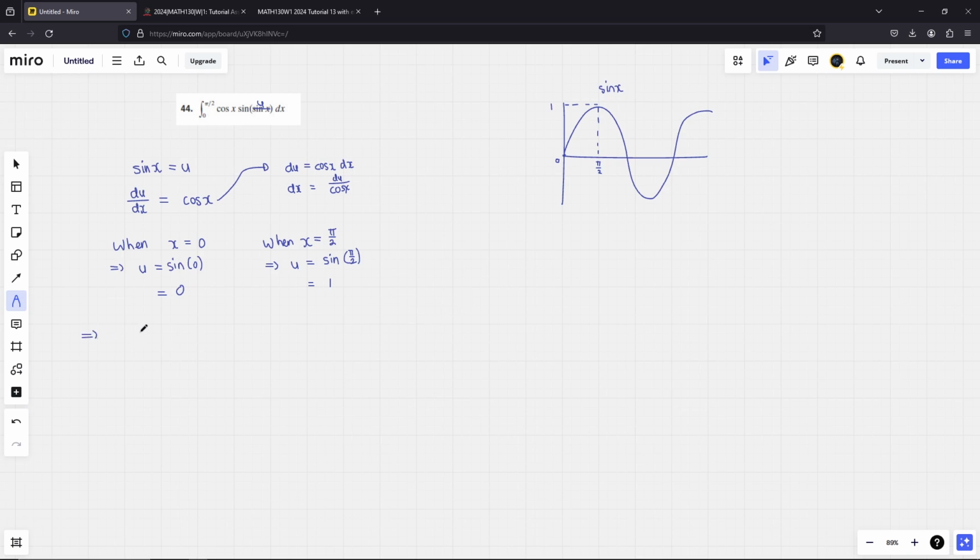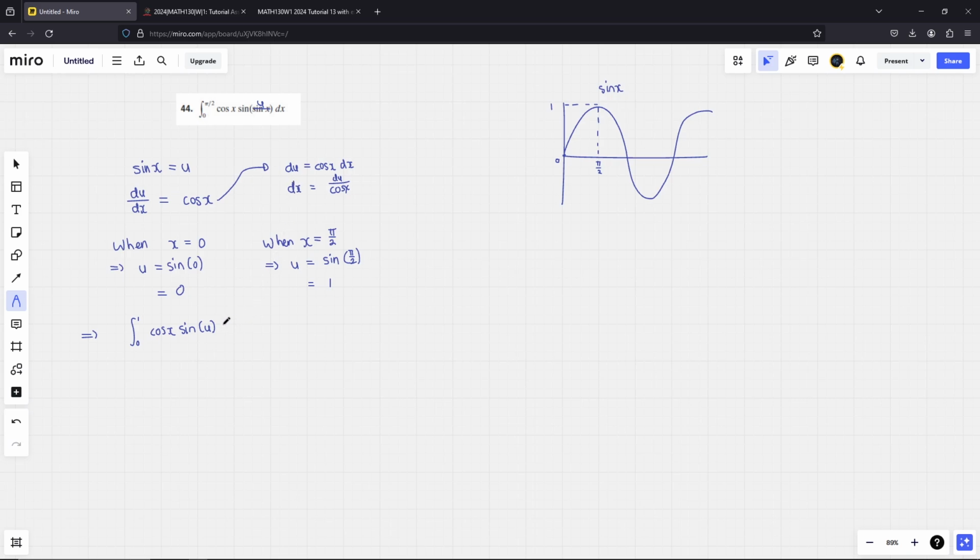Now putting everything together, our new integral is going to look something like this. It's going to go from 0 to 1. Cos x is still going to stay the same. Sine, now we said that sine x equals u, so we can sub that in. Now look at this. If we have dx, we can't really take the integral of sine u because it's with respect to x, and that's why we solved for dx.